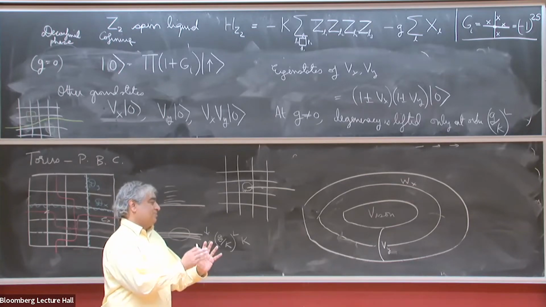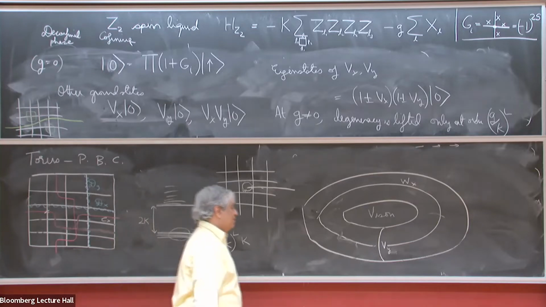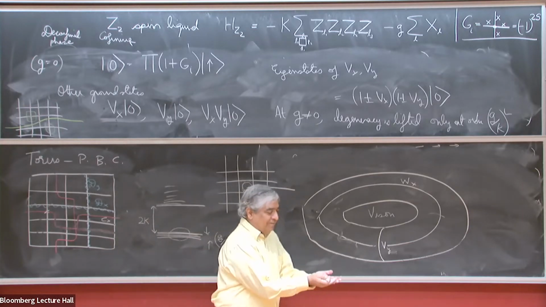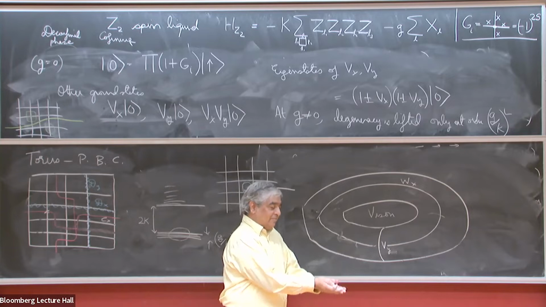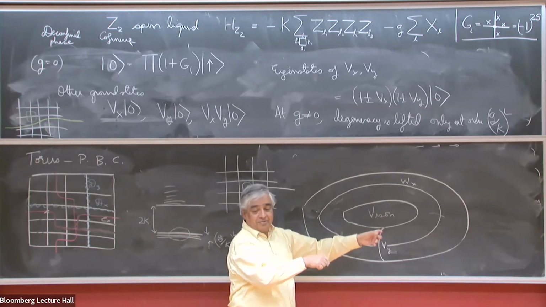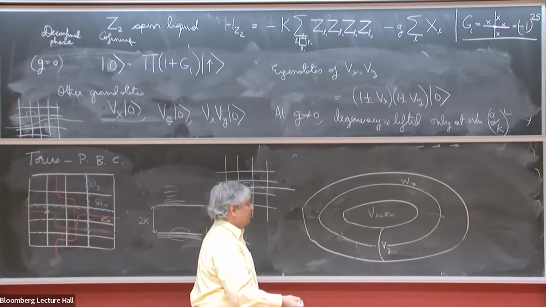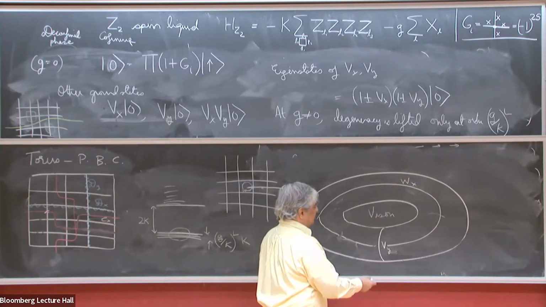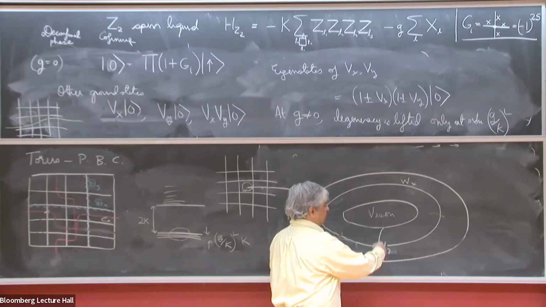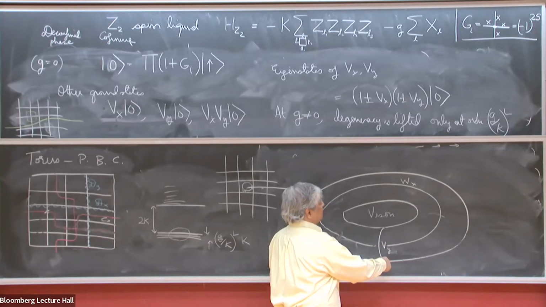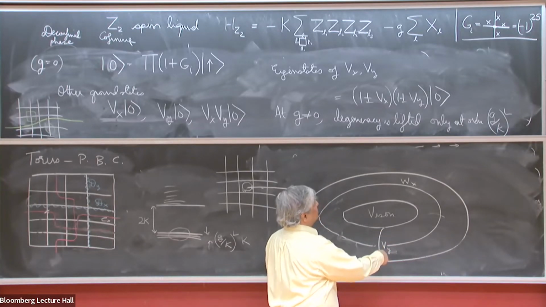So to repeat what I said, if you have one ground state, that ground state differs from the other ground state by putting a Vizon in the whole of the torus. Another way to think about it is, we think of the V operator. The V operator is a product of sigma x, a product of x's, right?